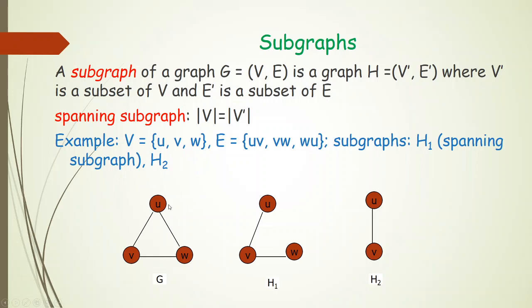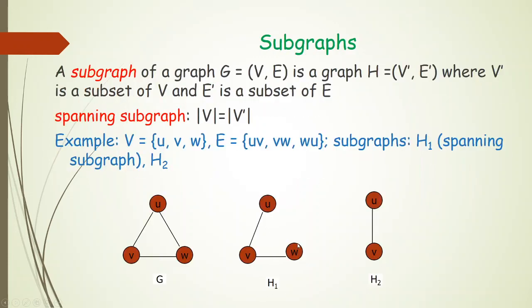Okay, so consider this graph G. This is your mother graph. And so here are some subgraphs, H sub 1 and H sub 2. As you can see, all the vertices in H sub 1 are from G, and all the vertices in H sub 2 are also in G. Again, you have your graph G here, and then here are some subgraphs, H sub 1 and H sub 2.